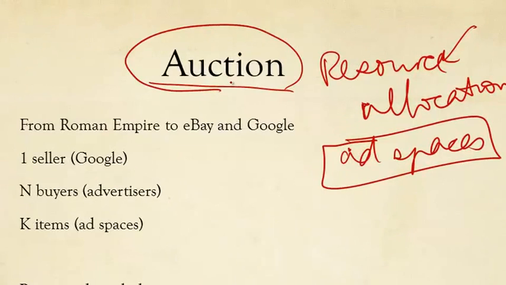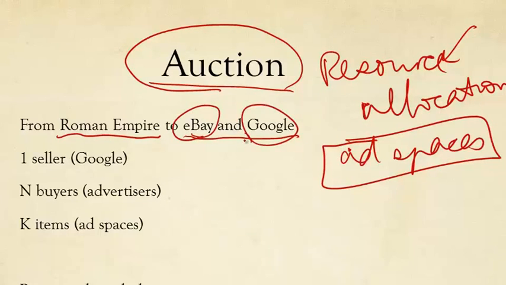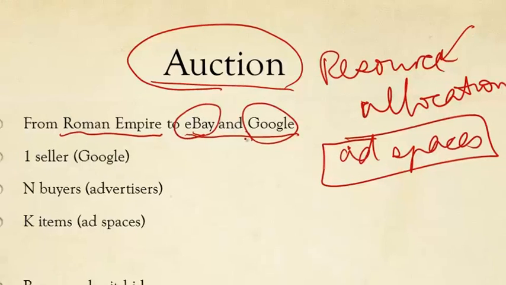Now, auctions have been used for over 2,000 years. They were used in the ancient Roman Empire, and of course today they are used very heavily on platforms that we all know, like eBay in the US and Google's search sponsored content.